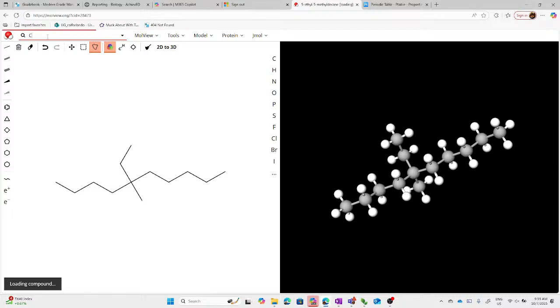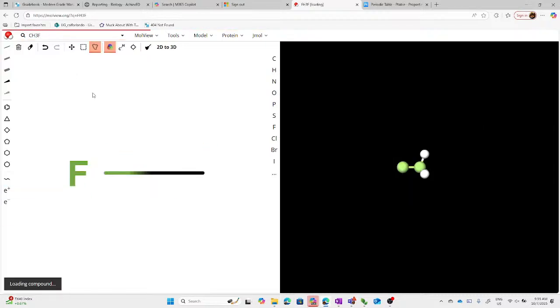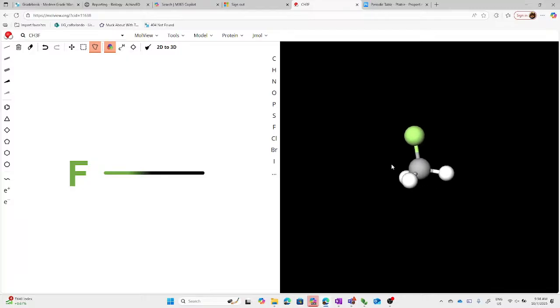There we go. So here's the molecule, right? You can see it. It is still tetrahedral in shape, right? Bond angle should still be roughly 109.5.